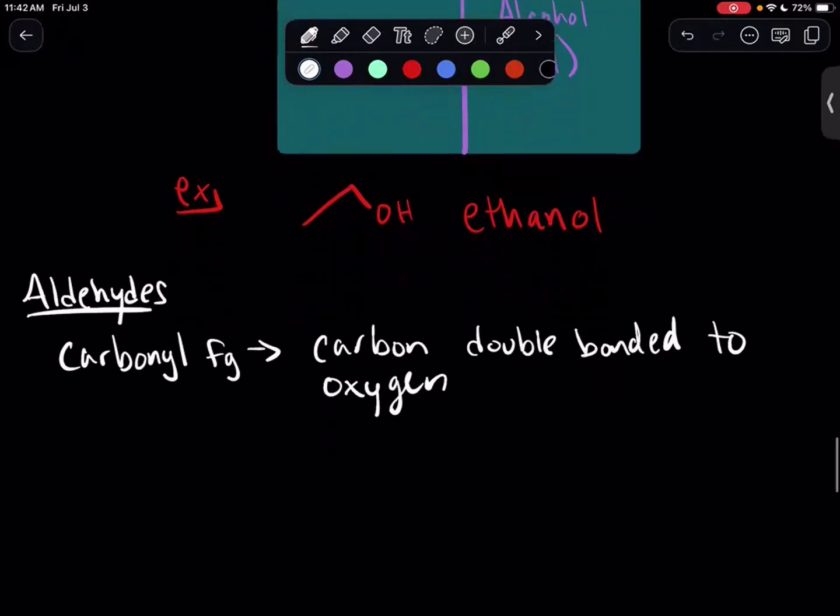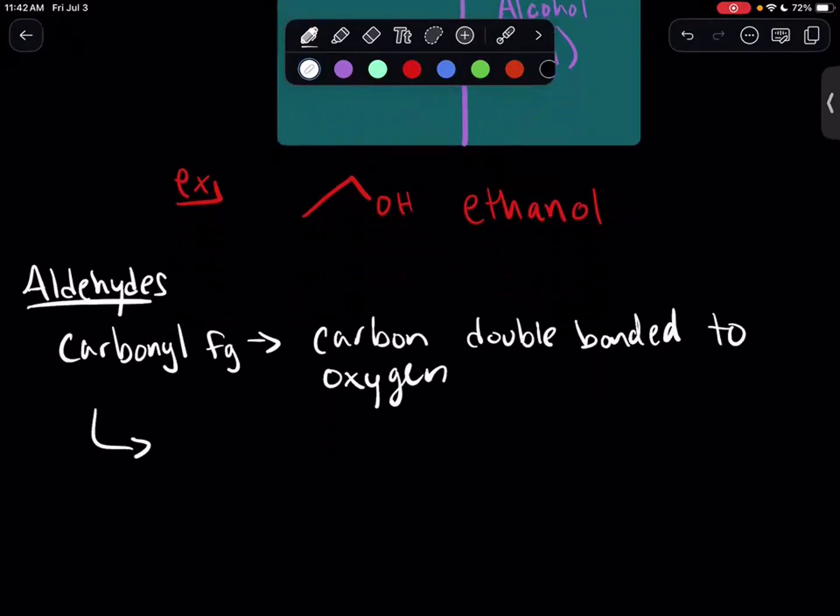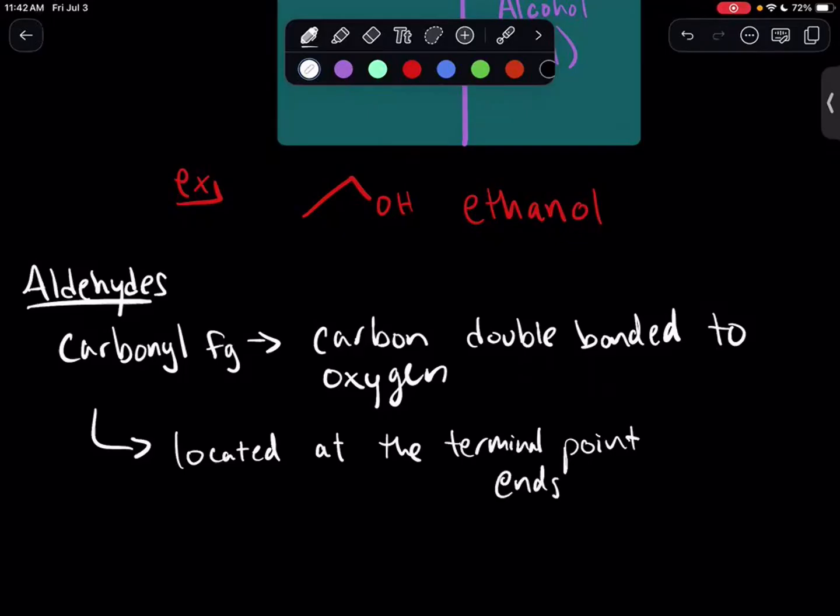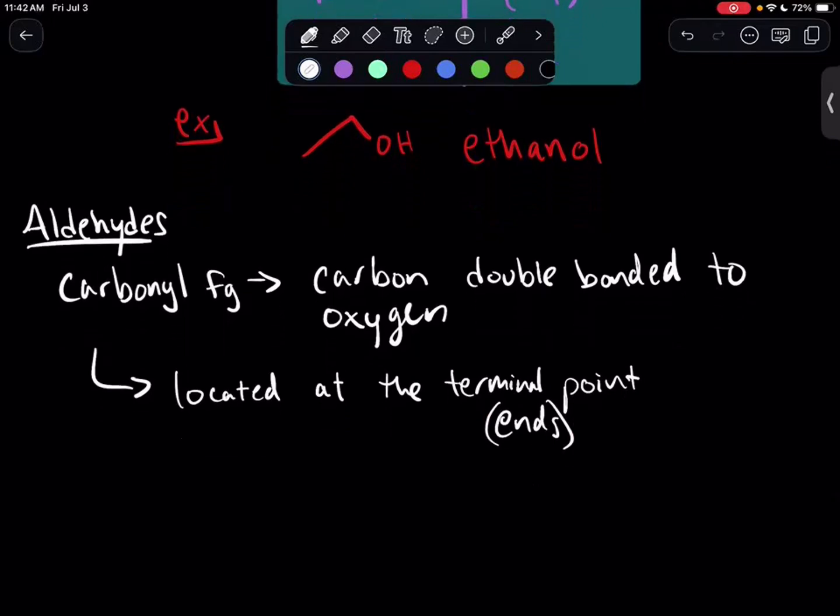Now, in an aldehyde, this is located at the terminal point. That means at the end of a chain. So not the middle of a chain, the end of a chain.